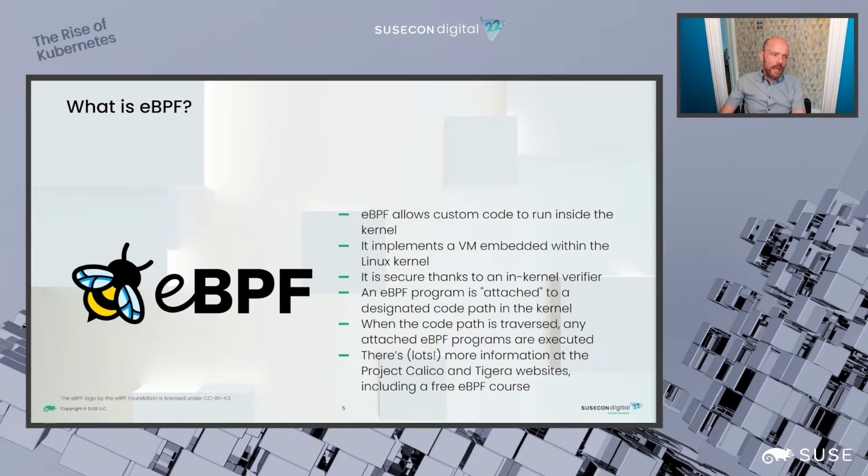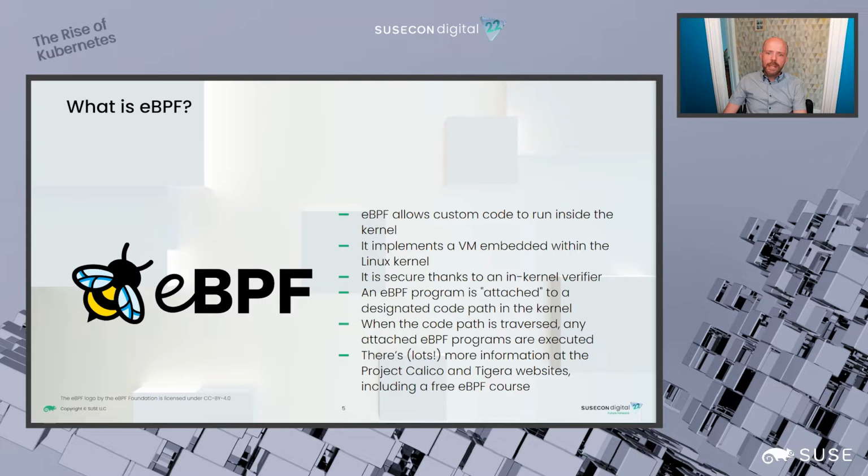So eBPF is a technology that allows custom code to run inside the Linux kernel. It implements a virtual machine embedded within the Linux kernel, and thanks to an in-kernel verifier, the code that virtual machine runs is validated from a security perspective, and also to ensure that it can't make any terrible judgments, like putting, for example, a tight loop in the Linux kernel.